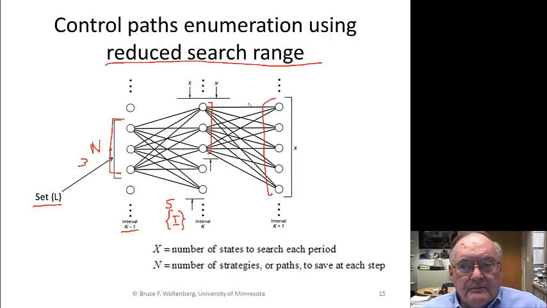And if you're getting suspicious, you're correct. As soon as you start doing that, you're not doing a full enumeration. You might not hit the optimum set of paths. You might not hit, and very likely you won't hit, the optimum unit commitment. So dynamic programming, we had to take shortcuts in order for the computers to be able to solve the problem in a reasonable time.